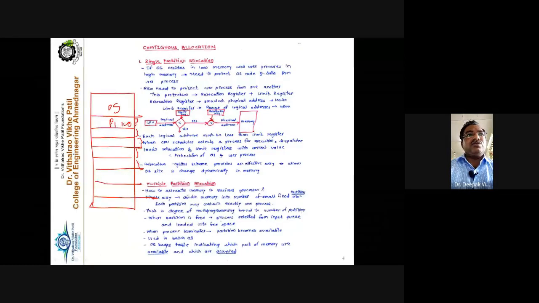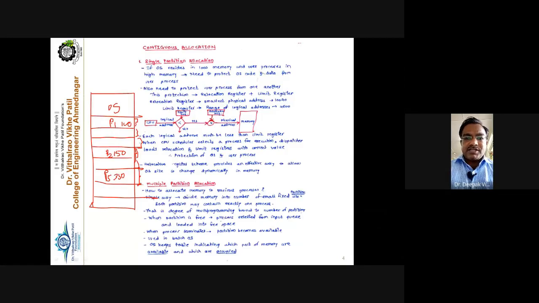Process P2 requires 150 MB of memory, so this partition may be of size 150. Process P5, for example, requires 350 MB of memory, so a 350 MB partition is created and allocated to process P5.